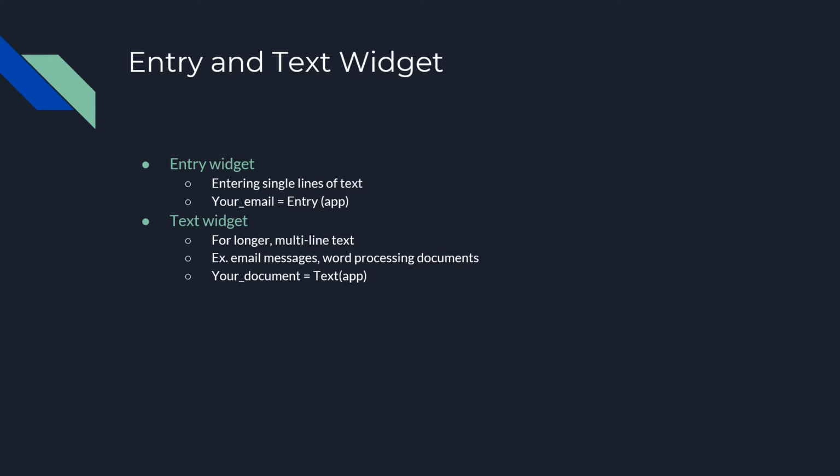This is for longer multi-line text. Examples for using this widget can be in the cases of email messages and word processing documents, which tend to go over at least one line of text. For example, if you want someone to copy their whole document, we can write down the line of code your_document = Text(app).